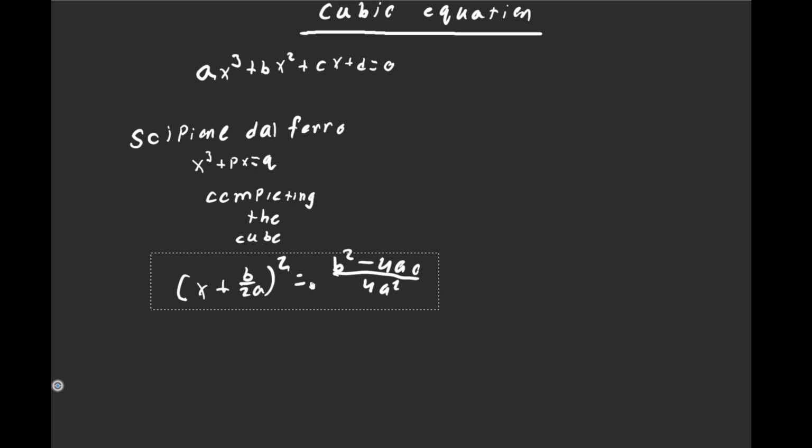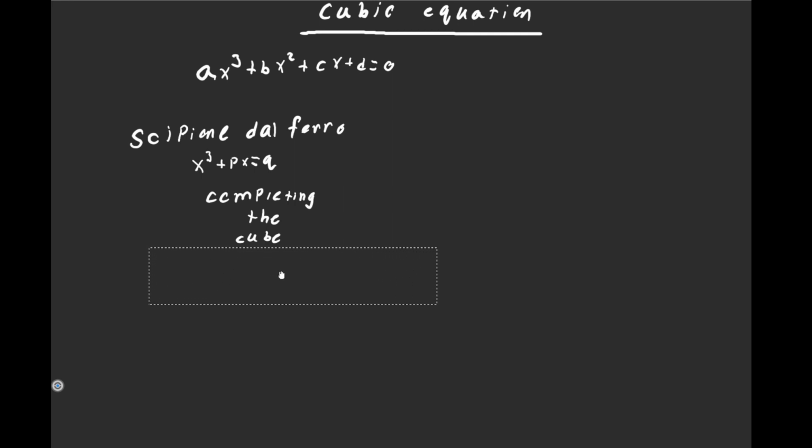And with that in mind, he solved the cubic by completing the cube and being able to properly solve any cubics of that specific type, such as the one we have on screen, and possibly also x cubed plus q is equal to px, which he did solve several, but he only told one to his student, Antonio Maria Fior, which was the first one I wrote down, x cubed plus px is equal to q.